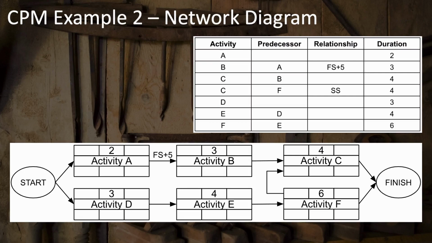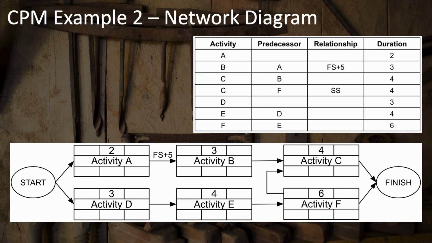That shows this dependency between A and B, that A must finish, and B can't start until 5 days after A finishes. Then B has to finish before C. Activity D has no predecessor, so it starts at the beginning as A does. E follows D, and F follows E.